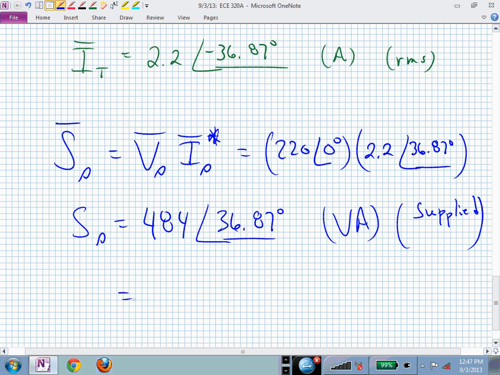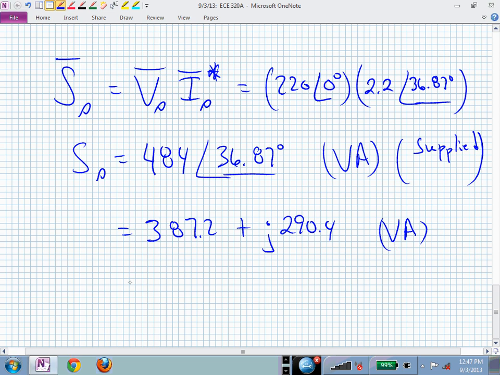And if I do my cosine plus j sine on 37 degrees, I end up with the real part of that power being 387.2. The reactive part is 484 times the sine of 36.87. That's also positive, and that gives me 290.4.